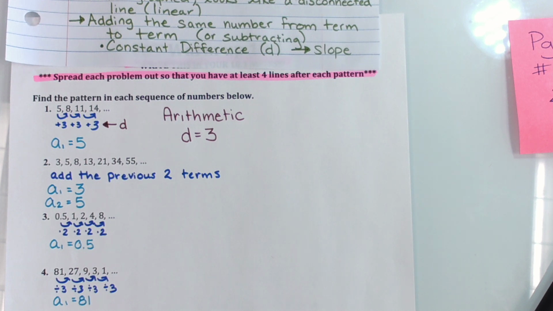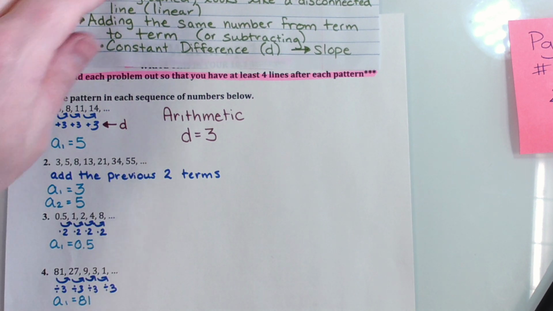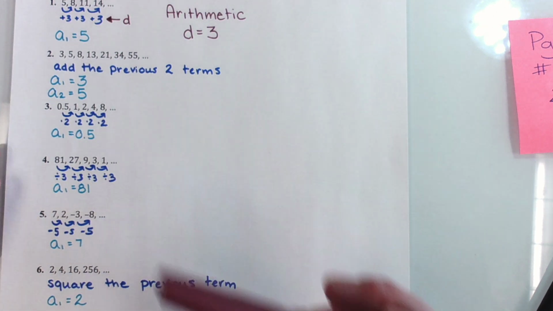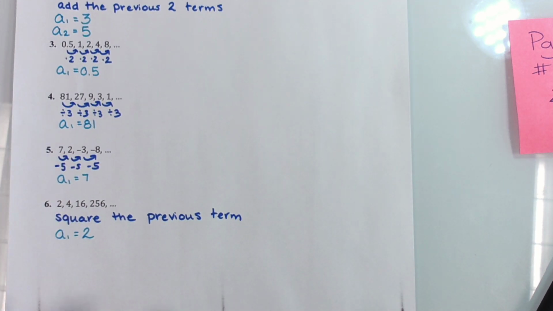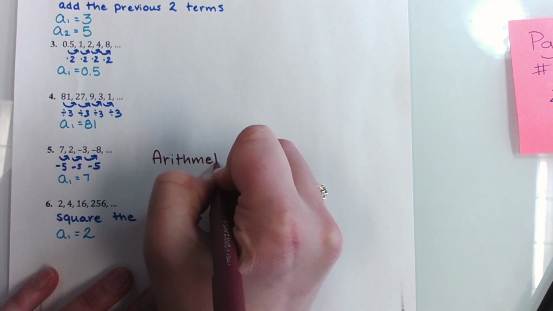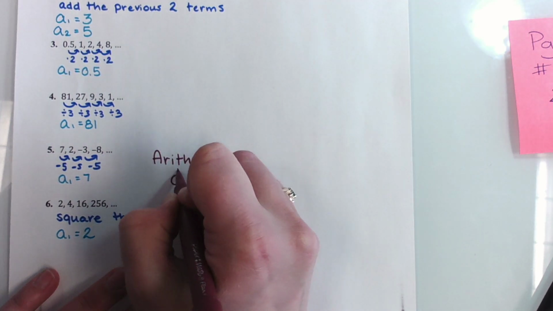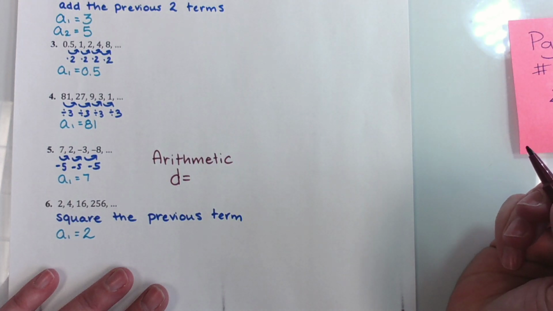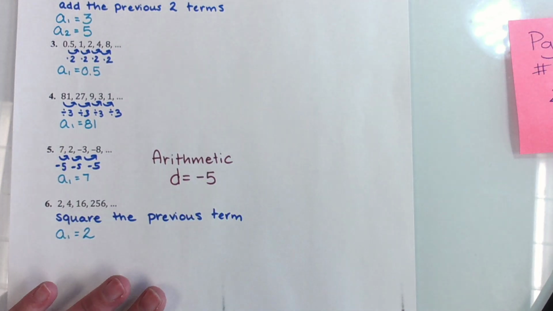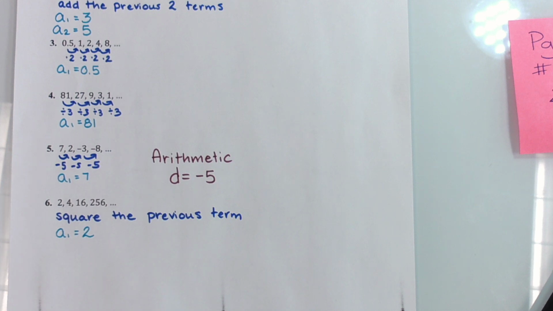Is number 2 arithmetic? No. Is number 3 arithmetic? No. You're not adding or subtracting the same number. How about 4? No. How about 5? Yes. The constant difference, the number you're adding every time, is -5. Is 6 arithmetic? No.